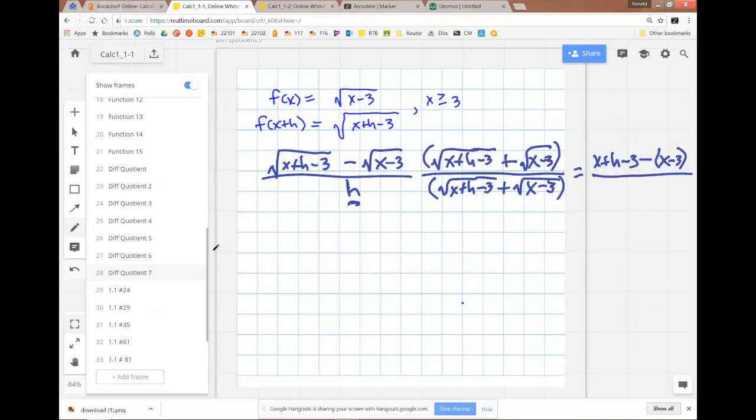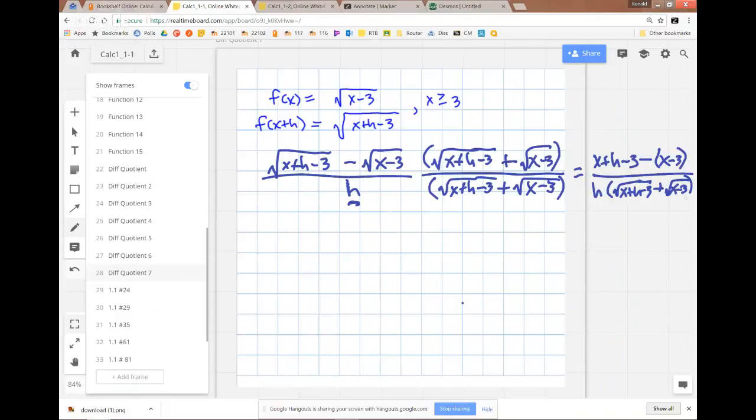On the bottom, well, we still have a mess, but that's okay. Just leave it. Okay, so we've still got that.